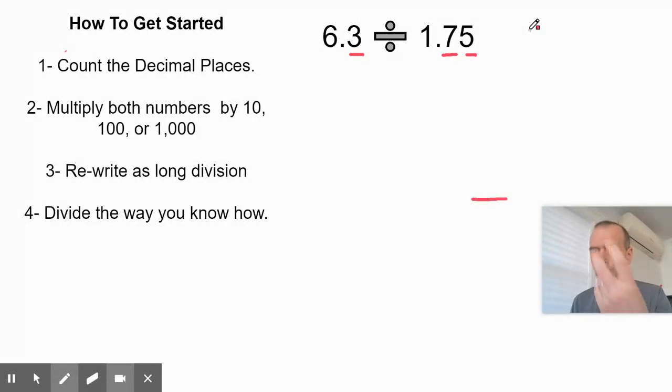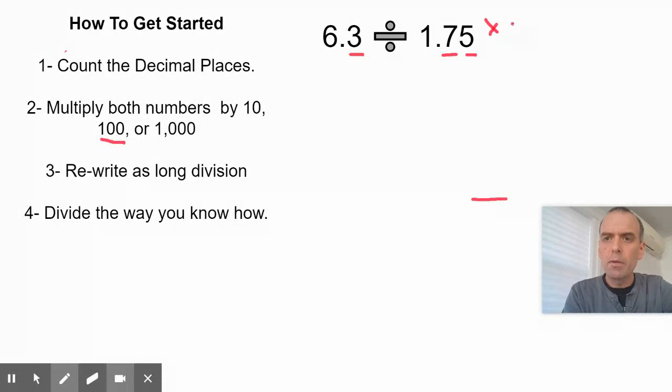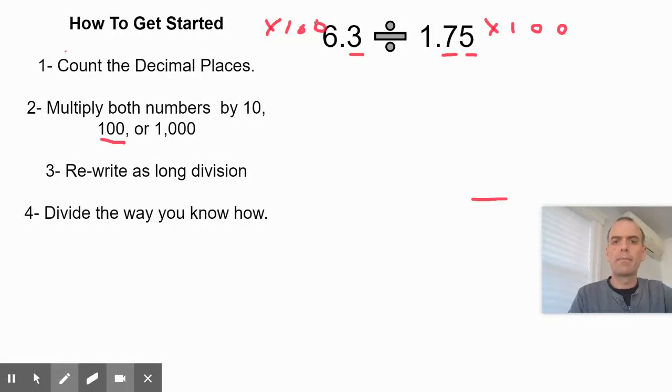I need to multiply and get 2 places out, so I'm going to multiply both numbers by 100, okay? Because that'll move it 2 places and get my decimal out of there. So I'm going to do 1.75 times 100 and 6.3 times 100.